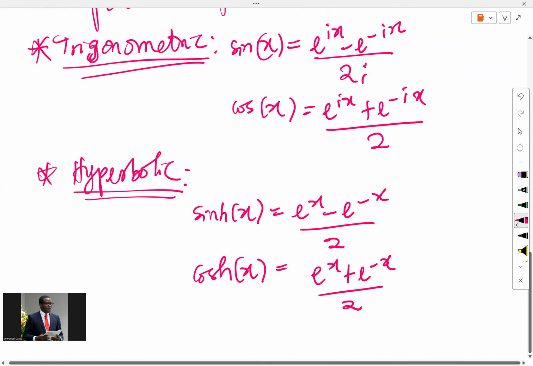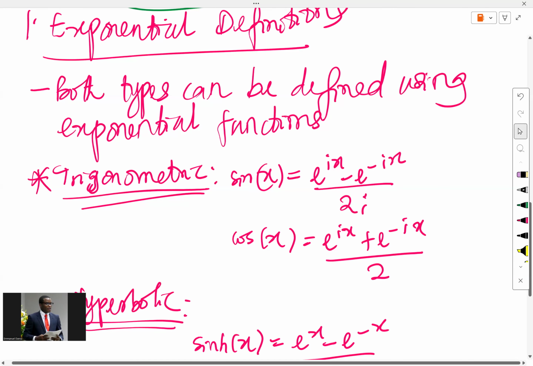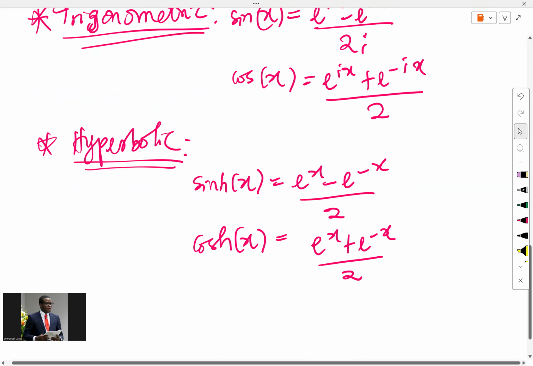The only difference here is the sign. Okay, that's about talking about them in terms of exponential definitions.